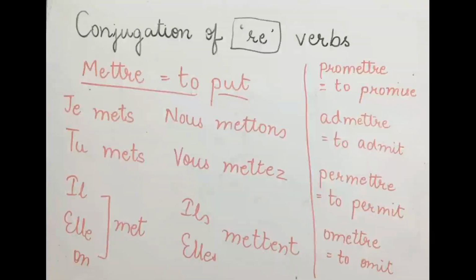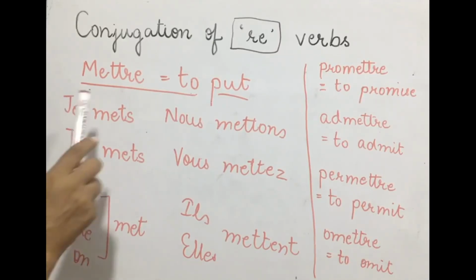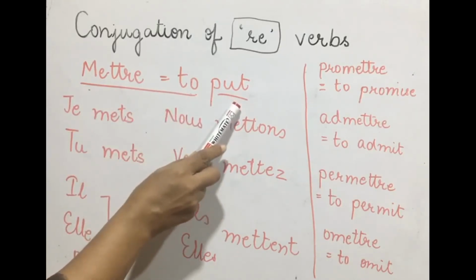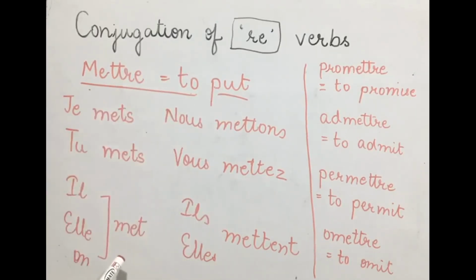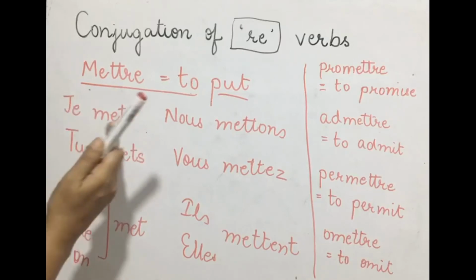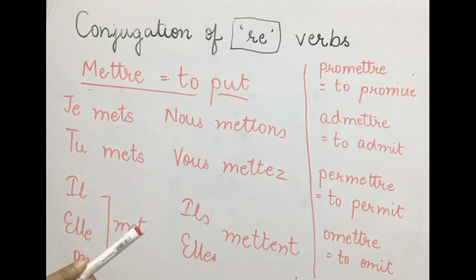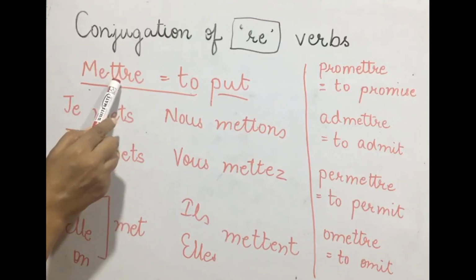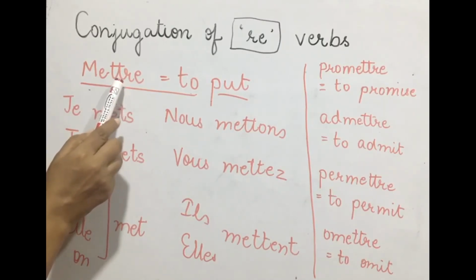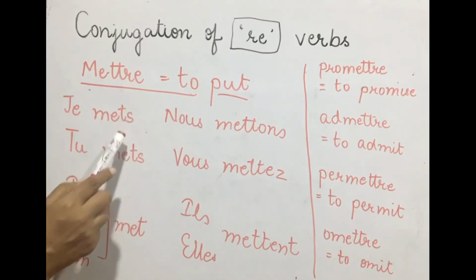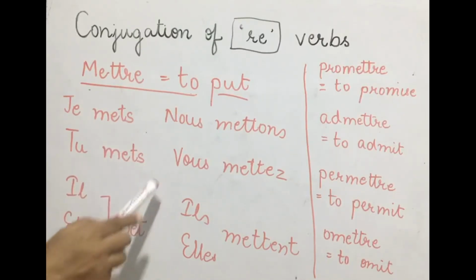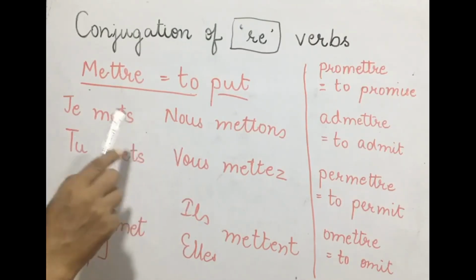Okay, lastly, I couldn't stop myself from doing one more verb, and this verb is mettre. Again, an important verb. Mettre means to put. So you see again the conjugation, the left side, the singular ones are following a bit of pattern, but here see in the infinitive form of the verb it is double T, whereas here it is only single T. So you have to pay attention here.